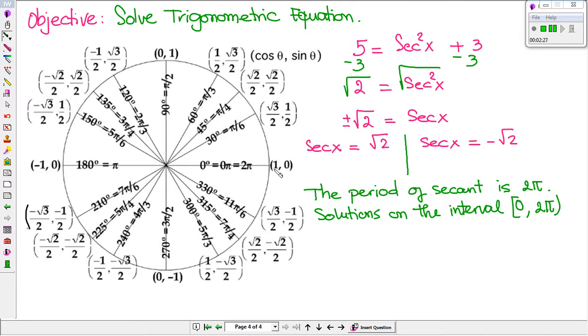I'm going to go to my unit circle. I'm going to start at 0 degrees and go all the way counterclockwise to 2 pi to see at what angle secant equals square root of 2.